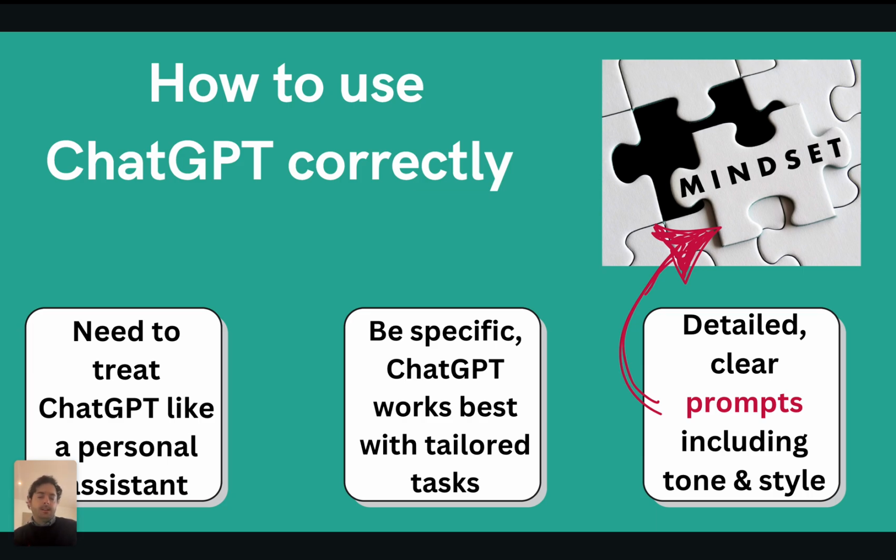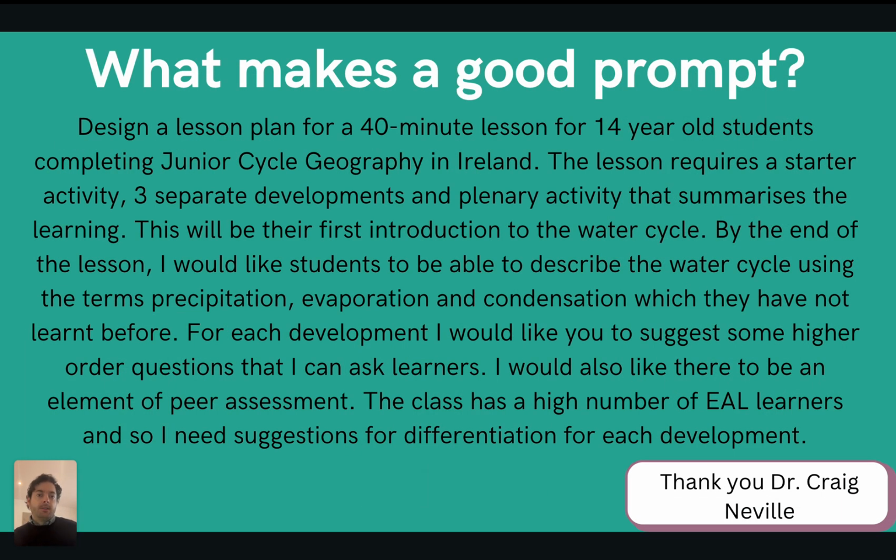But ChatGPT doesn't work like that. It can, but you won't get the detailed answers you're looking for unless you're specific and unless you provide tone and style. So everything has to do with the term prompts. And again, it's a mindset issue. And I'm no different.